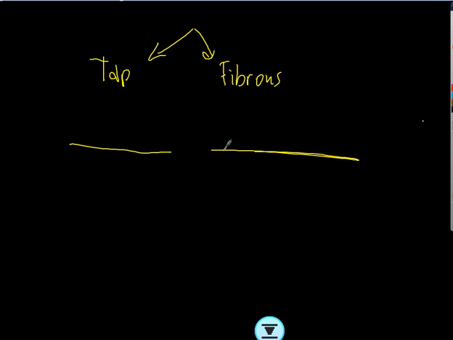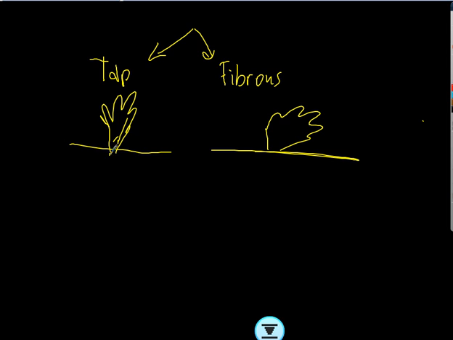The first thing in root, we talk about two types of roots that are taproot and fibrous roots. If this is a plant, what will be the difference here is their root.